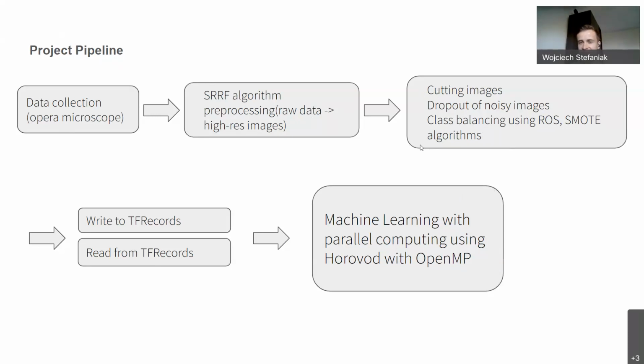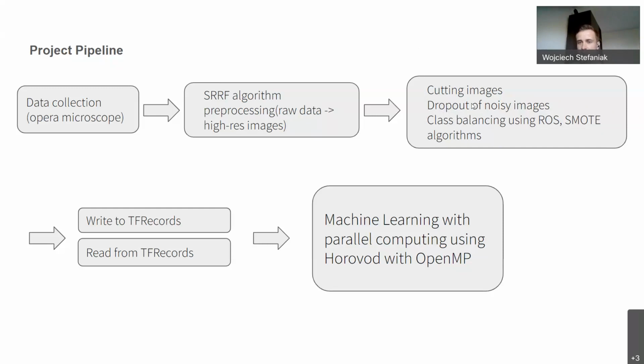It is normal to cut those images because they are really large, I would say 10K by 10K pixels, so it is not possible to feed them into neural networks. Of course, there is also some pre-processing due to faulty data collection. Sometimes the Opera microscope does not focus well on the brain tissue, so it focuses somewhere else, and we get gray and black images.